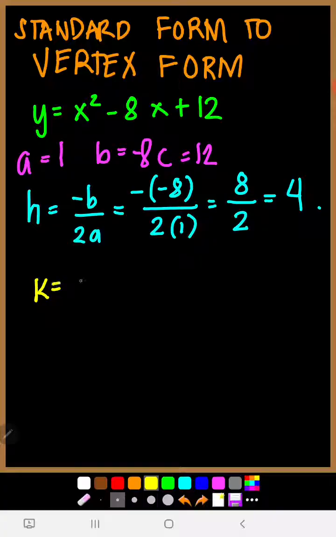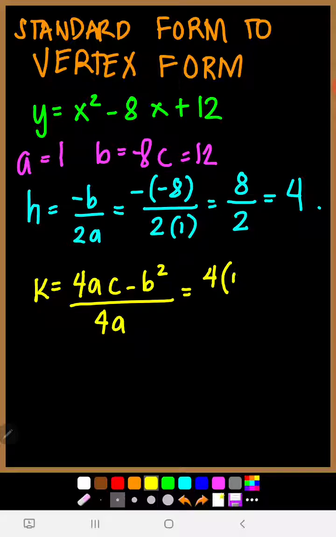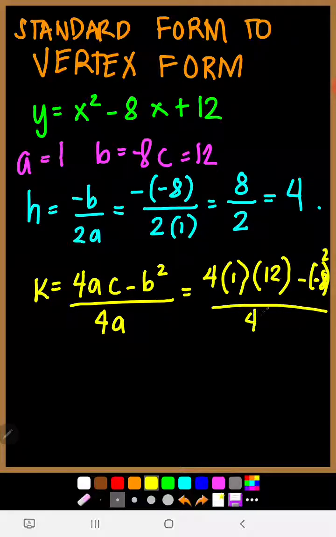K is equals to 4ac minus b squared over 4a. So, substitute natin yung values ng a, b, and c. 4 times a, which is 1, times 12, which is our c, minus, so parenthesis, negative 8 squared over 4 times 1, yung a natin.